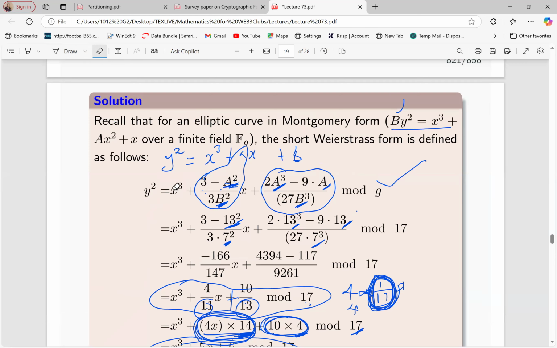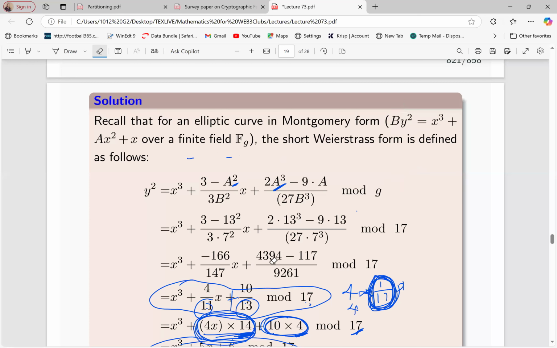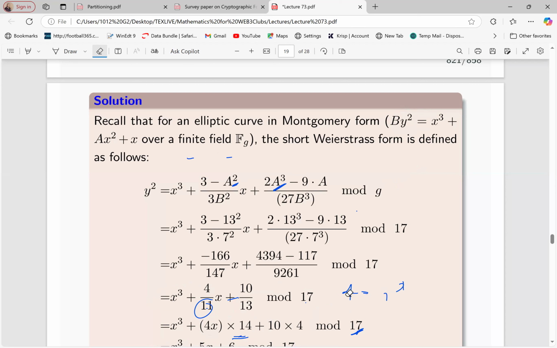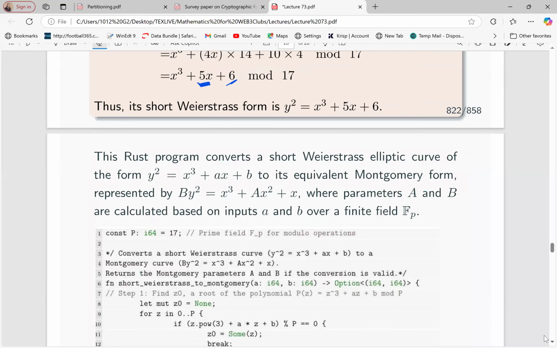Now, I just want to share the code. Of course, I'll not explain it, but it does all this work for us. Whether you want to convert from Montgomery to short Weierstrass, or from short Weierstrass to Montgomery, you can have code that does all the things we are doing. In fact, the code can check those 3 conditions for you, and proceed to calculate.